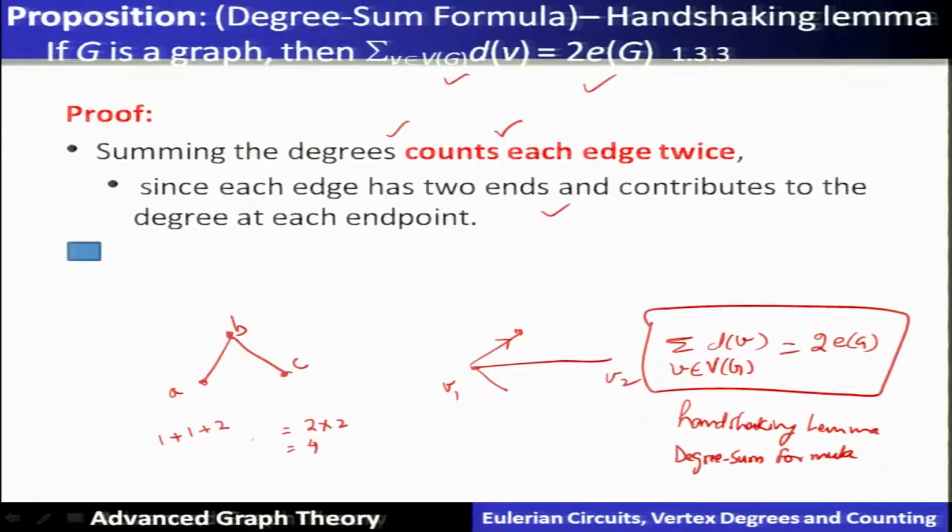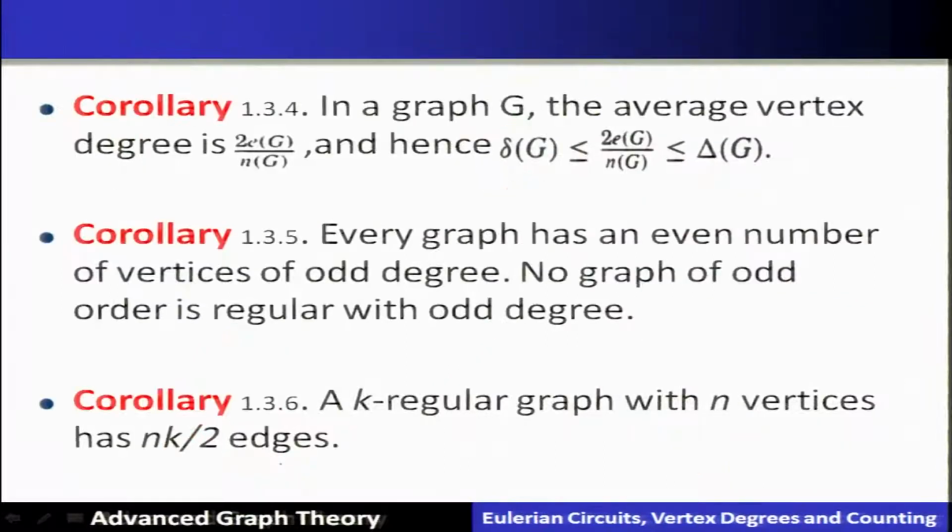So degree sum will become 4. So sum of the degrees of all the vertices is nothing but twice the number of edges. How many edges are there? 1 and 2, there are 2 edges. So hence this particular theorem is always proved. If you count the degree sum of a particular graph, you will end up with twice the number of edges which are present in the graph.